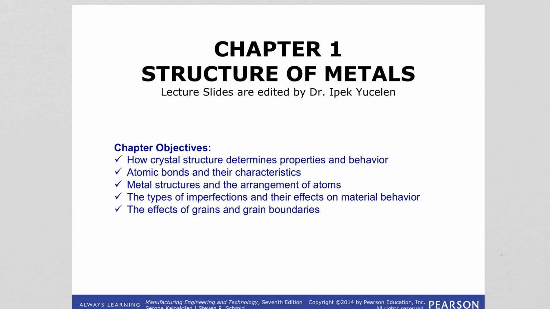And then we're going to learn about grains and grain boundaries and how these characteristics of the materials affect the properties and manufacturing parameters. So we can understand also why certain defects can form during the manufacturing processes and how we can prevent them. Okay, so let's start.